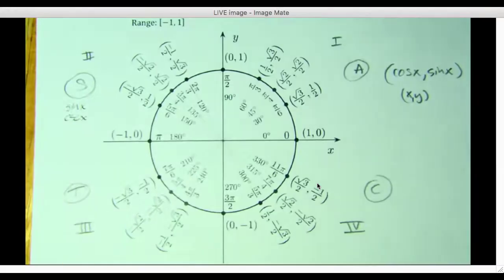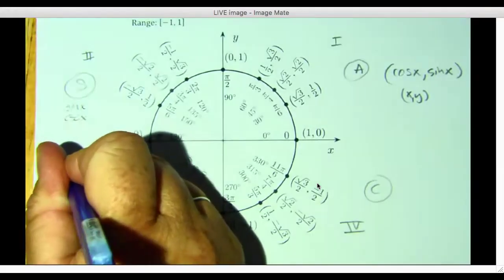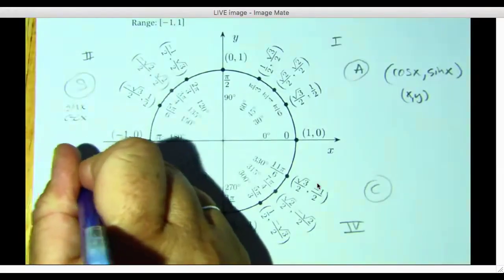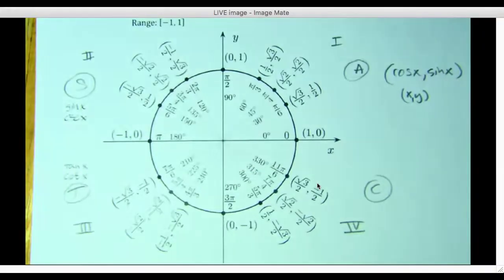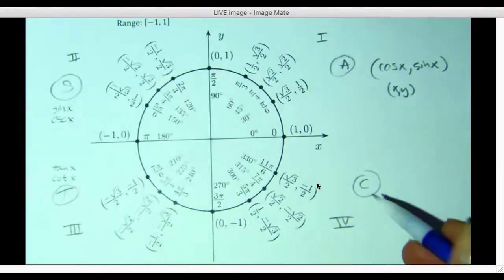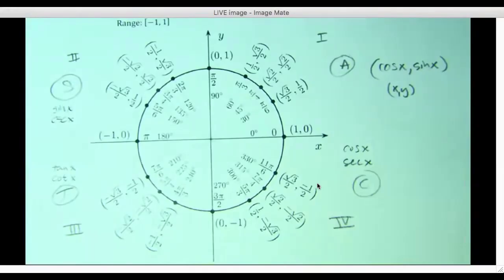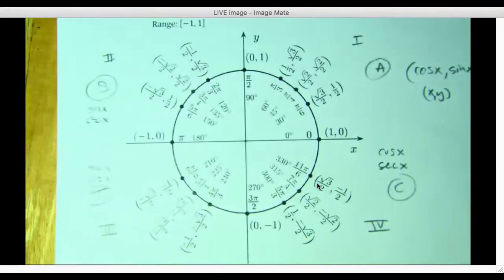In quadrant 3, tangent and cotangent are positive, and the rest are negative. In quadrant 4, cosine and secant are positive, and the rest are negative.